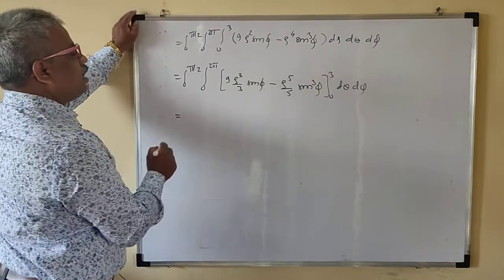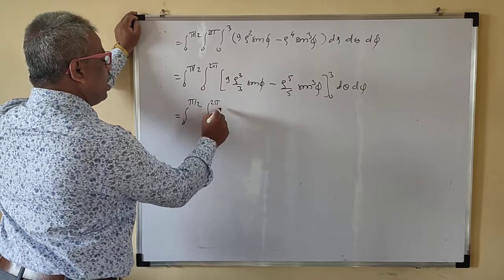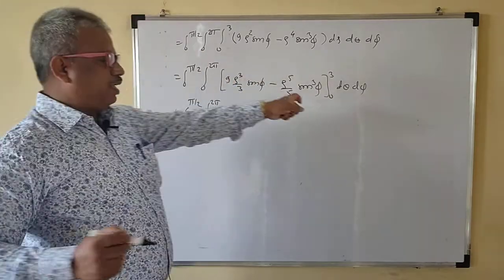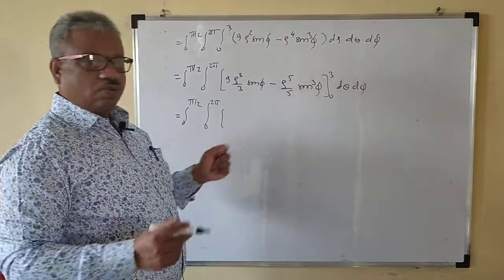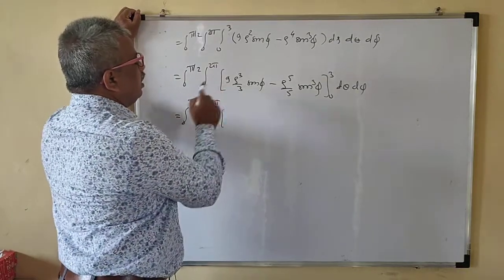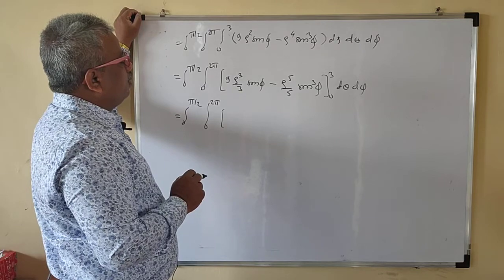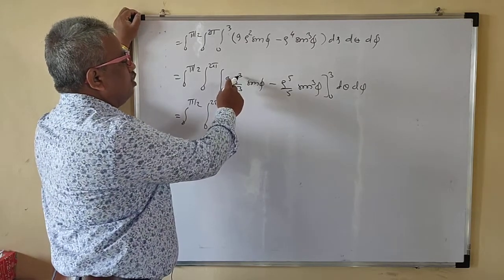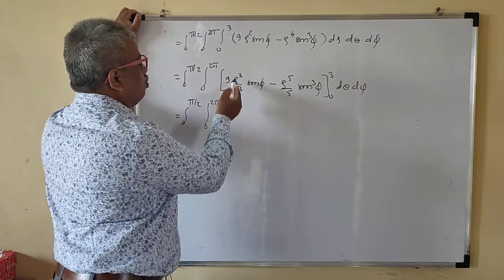If you put the lower limit 0, everything is 0, so we only put the upper limit. Now here 3 gets cancelled. 3 to the power 3 is 27, into 9 upon 3, so 27 upon 3.